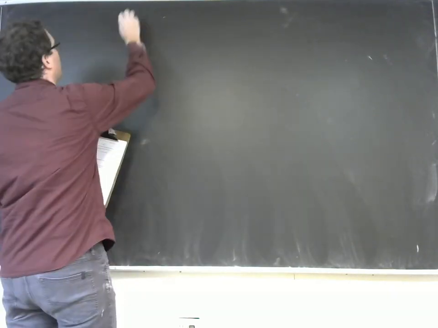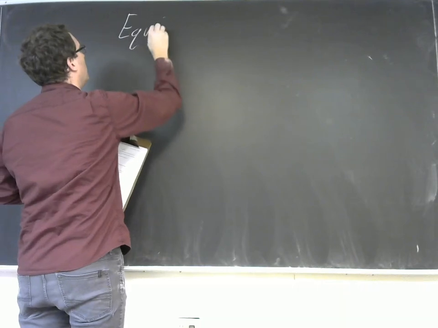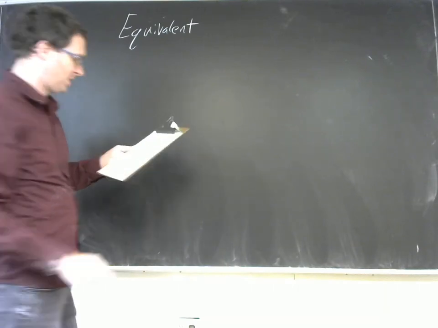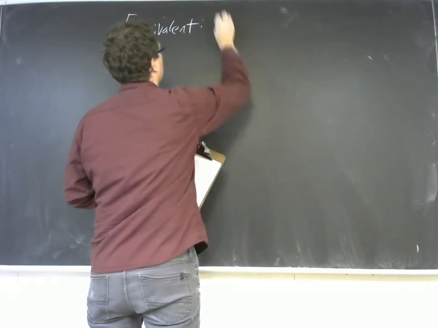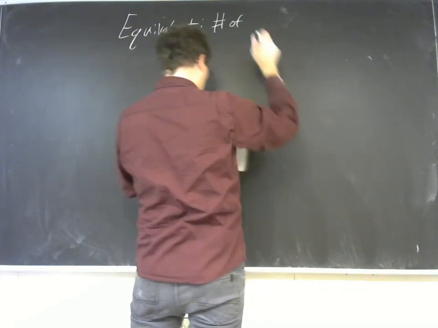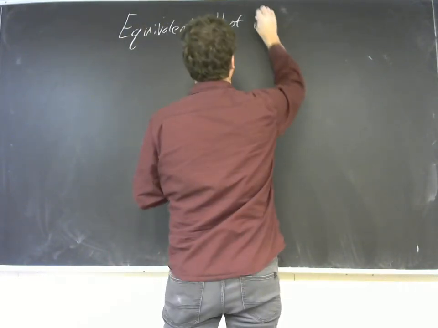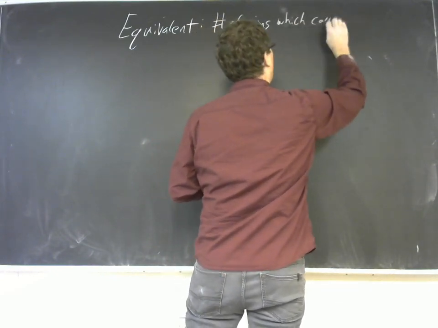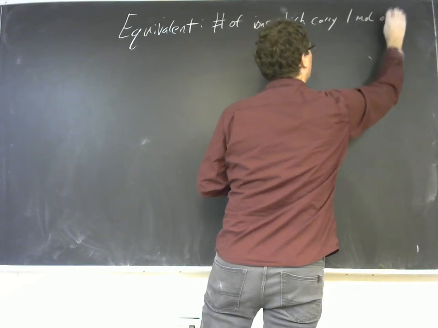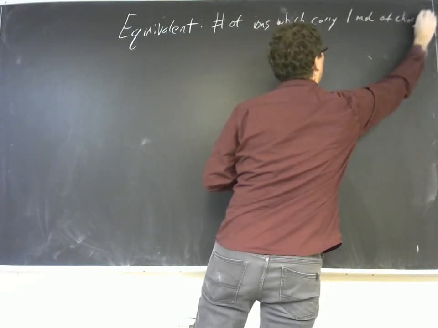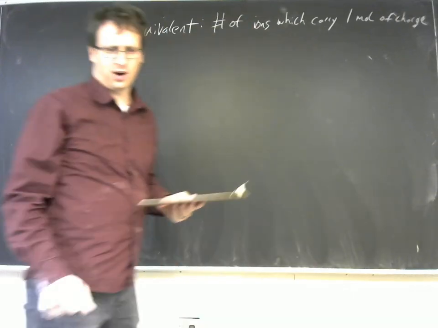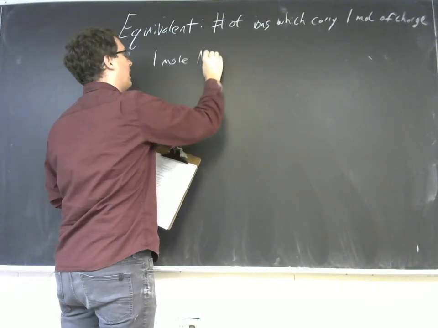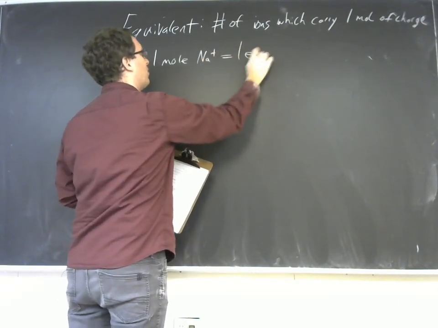And so we'll introduce a new term, an equivalent. So an equivalent is the number of ions which carry 1 mole of charge. In other words, 1 mole of Na plus is equal to 1 equivalent.